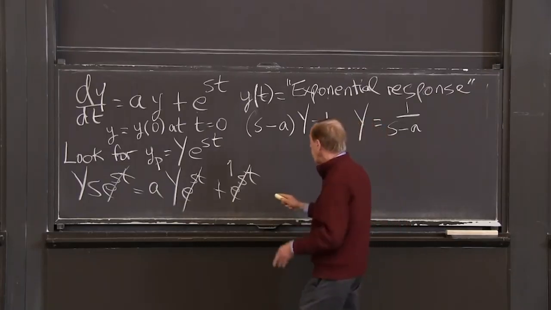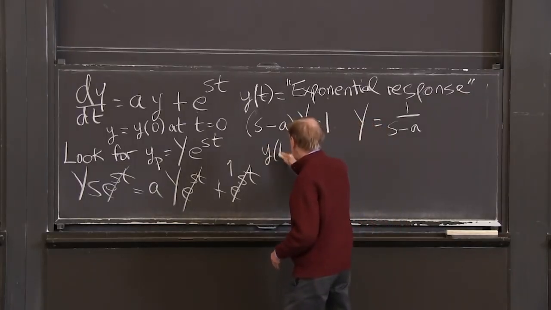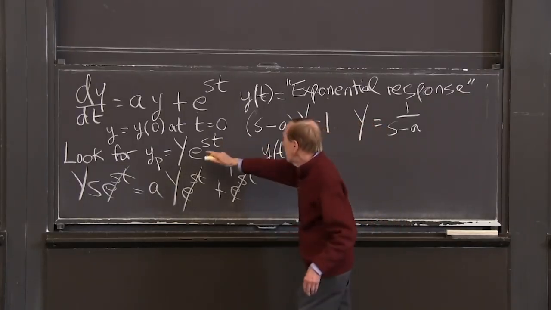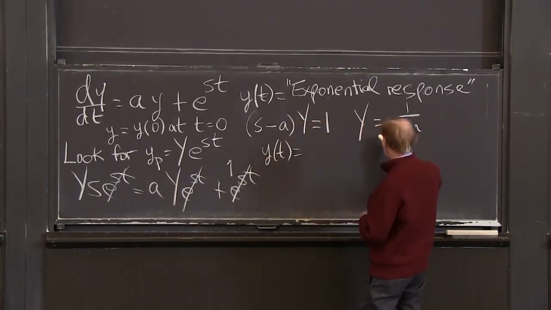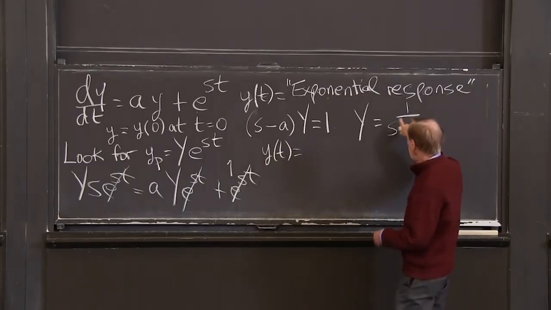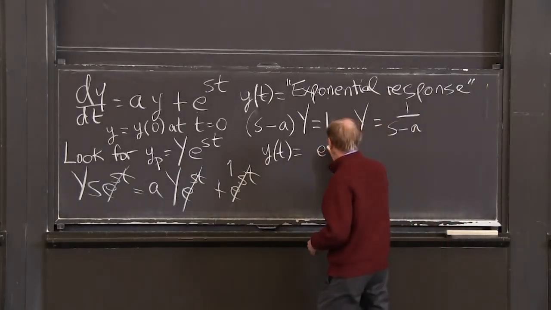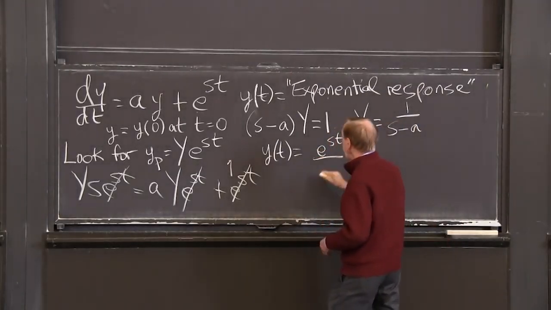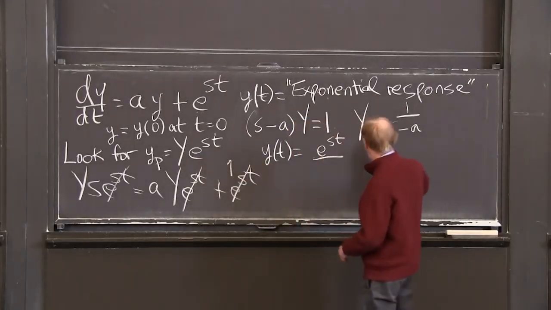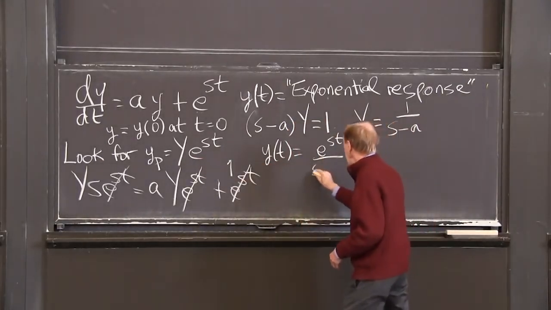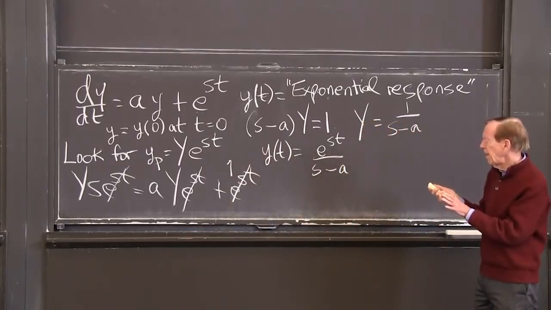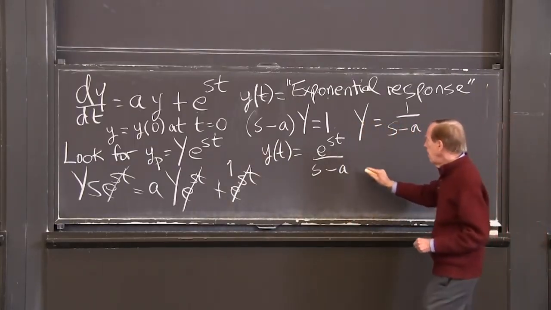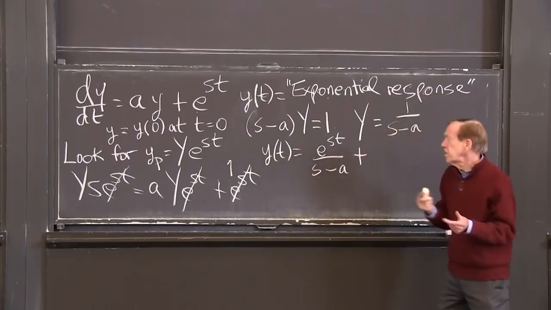So the full solution, y of t, is this y particular, where capital Y I now know, so I have e to the st over s minus a, plus any null solution.